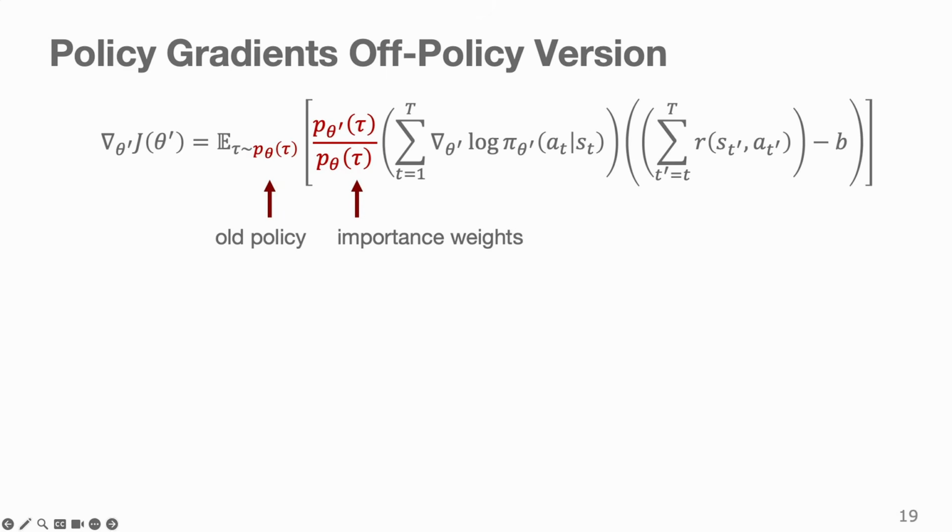The important trick here is that now we have an expectation over the old policy. So this is the data that we have, right? And so we now expand the importance weights with the product we derived in the previous slide.